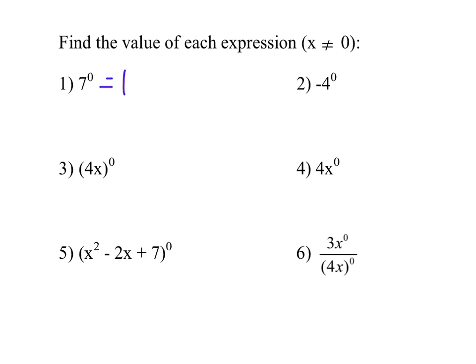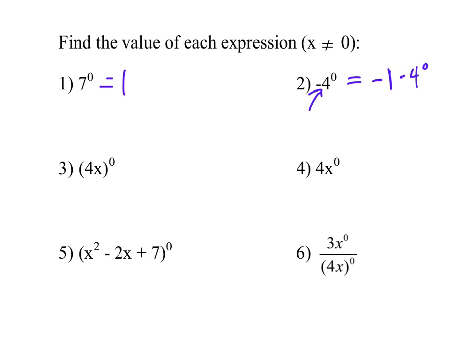Here, what is being raised to the 0 power? Well, if you put this in your calculator, it will tell you the correct answer. But what you have to remember is that negative on there is like -1 times 4 to the 0. That negative is like an invisible -1 times.